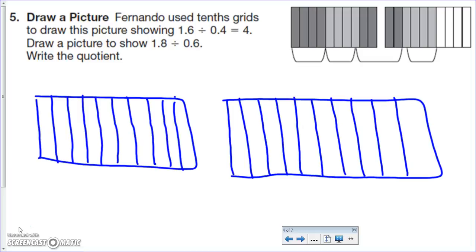Just erase the pieces you don't need. So now we're going to shade in 1 and 8/10. So we're going to shade in one whole and then 8/10 of the next one. I'd recommend using a different color for this so you can see the difference between your shading and your lines.